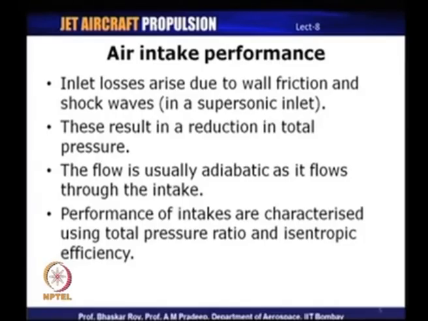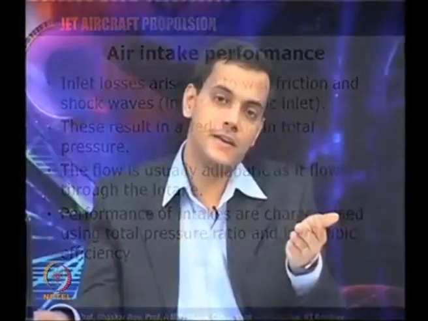And so, we will be defining what is known as an isentropic efficiency, and the flow through intakes can almost always be assumed to be adiabatic, because there is hardly any heat transfer that takes place across the diffuser boundaries. So, it can be safely assumed to be adiabatic. And so, there are two parameters that will define the performance of air intakes.